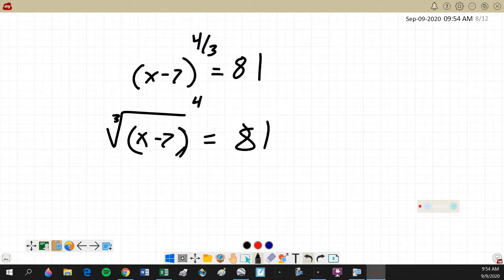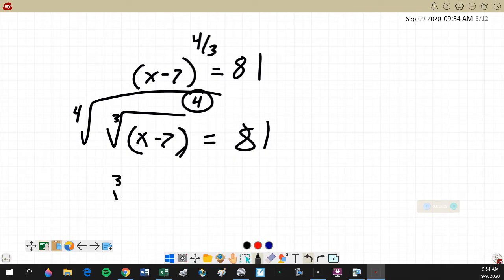How would you solve this? Well, how do you undo a 4th power? 4th root. Do I need a plus or minus? Yes. 4th root you do.